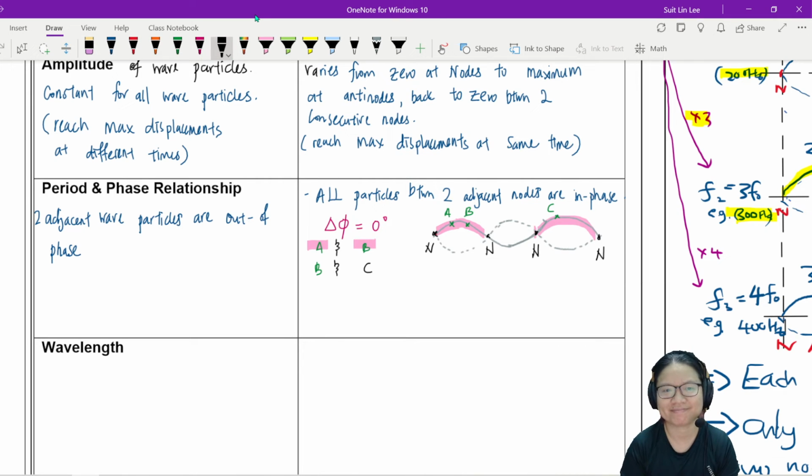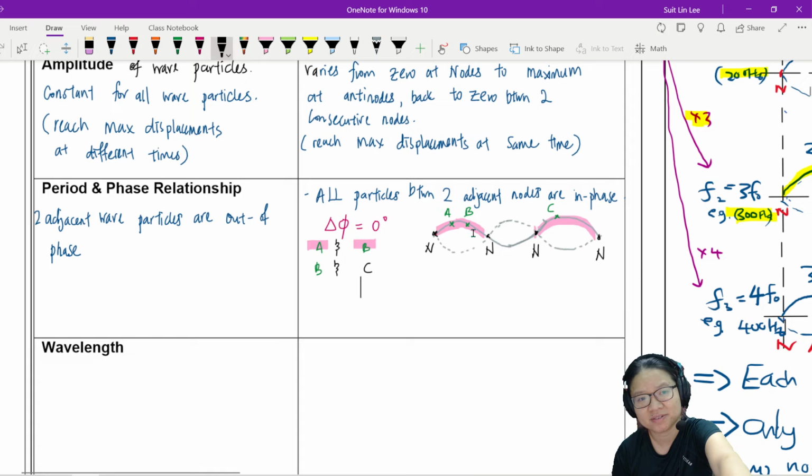Comparing. Okay, so between two adjacent nodes are in phase, and between two nodes are also in phase. So it can be between here and here. If there are no nodes in between A and B, in phase. If there are two nodes between B and C, also in phase.